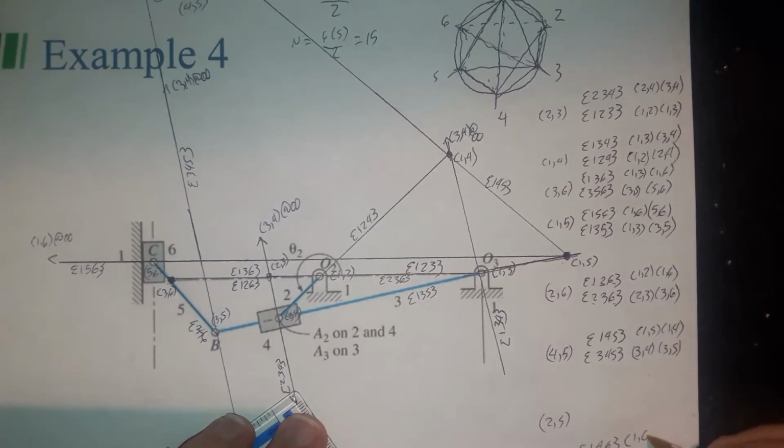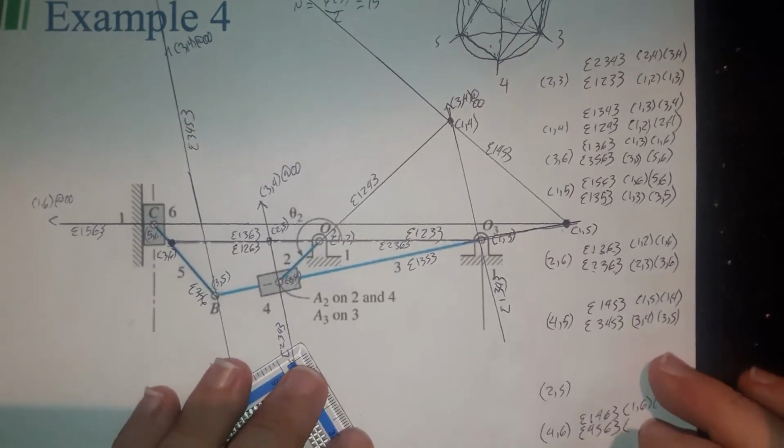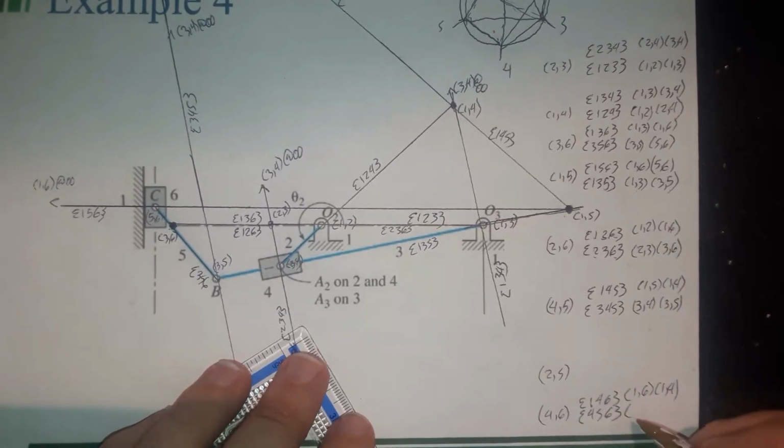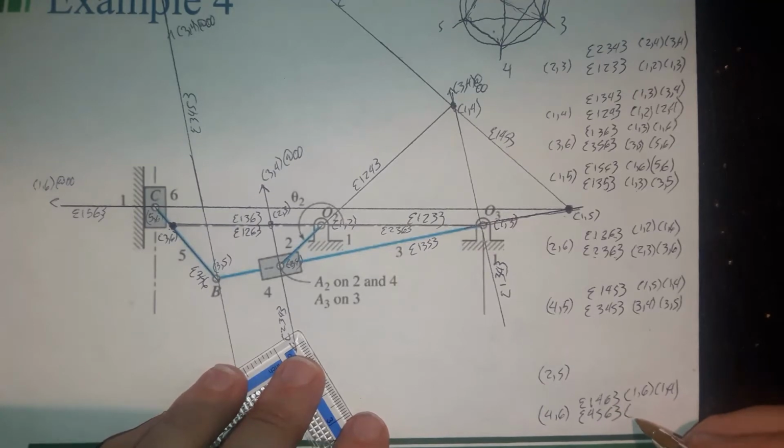I have 1, 6 and 1, 4, and I have also, let's see here, 4, 5 and 5, 6.